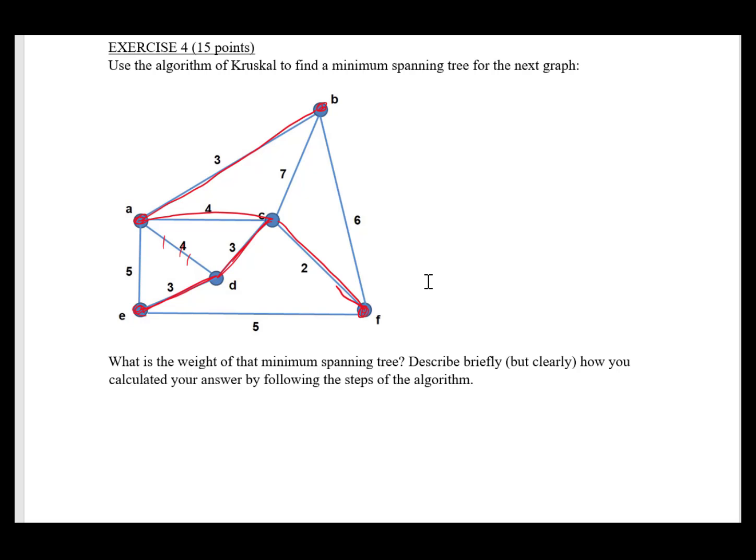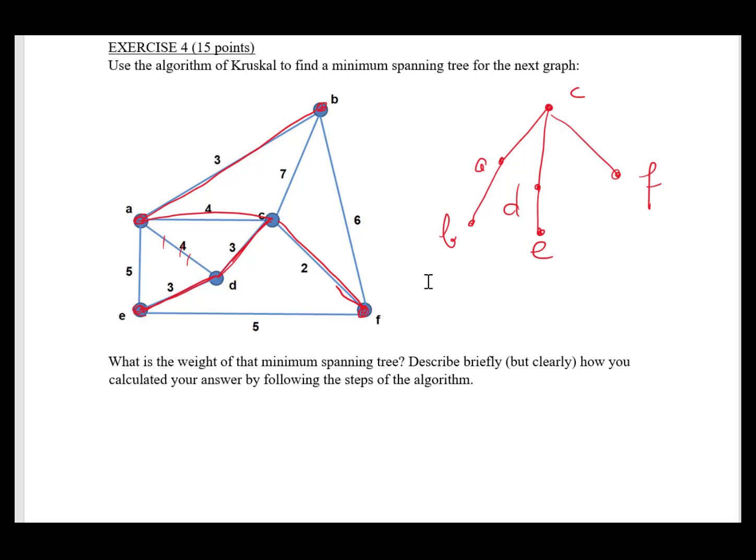So let's draw it in a nice tree fashion. We have C connected with A, D, and F, and then we have A connected with B, and we have D connected with E. That's it.